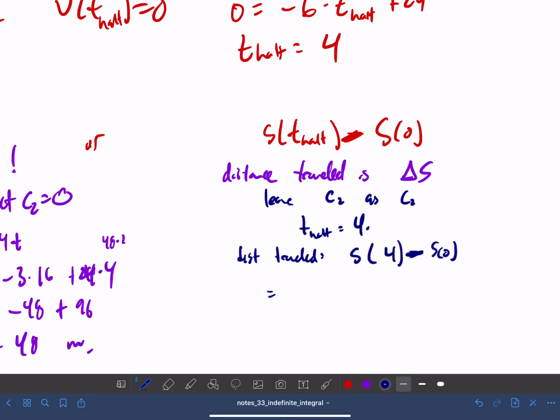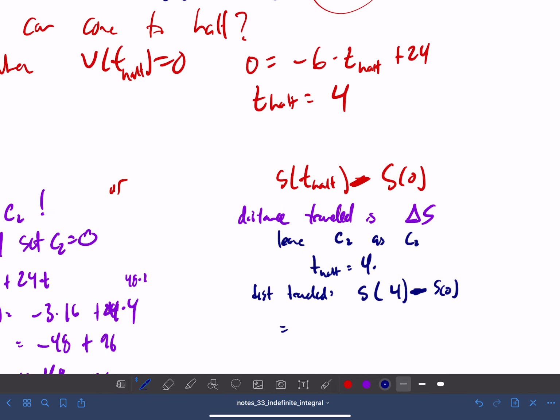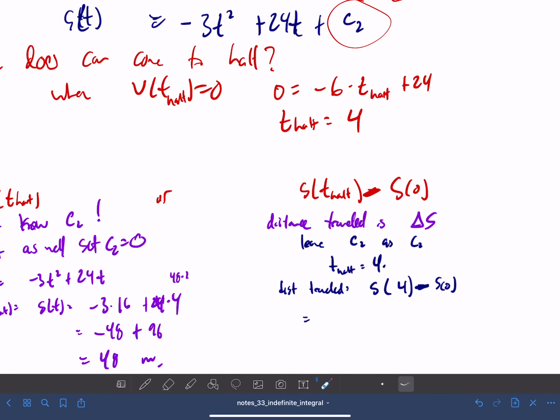Okay, so s of 4, well, let's refer back to what our function s is. Our function s is up here.